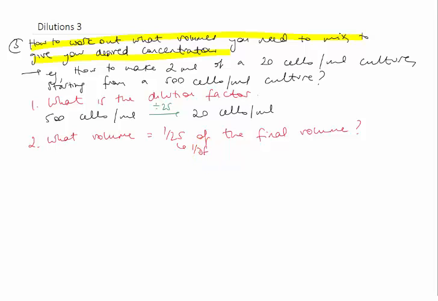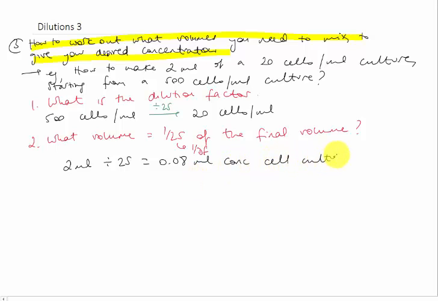Let's just work through that. We simply divide the volume by 25 in this case. So 2 milliliters divided by 25 gives us 0.08 milliliters of concentrated cell culture required.